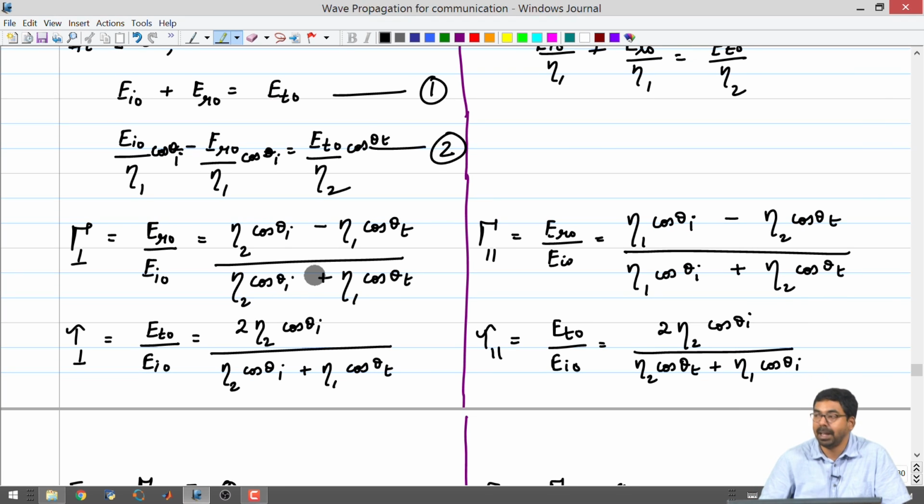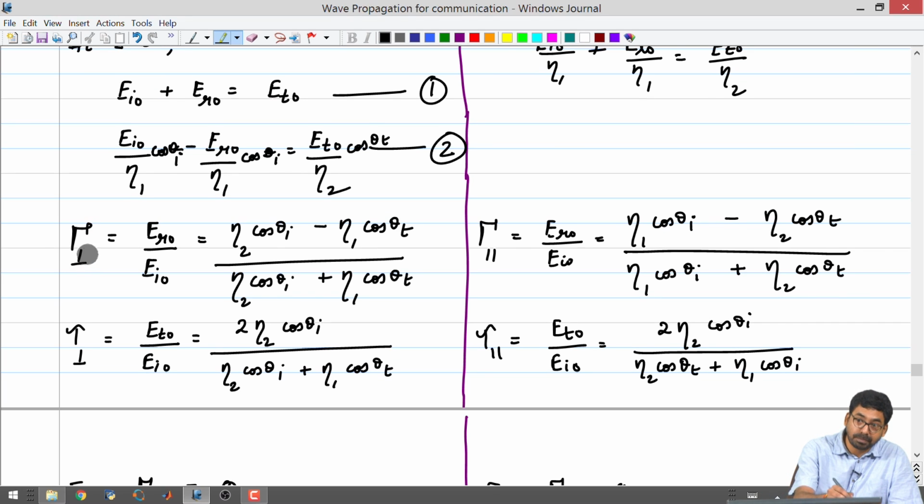So, cos theta I and cos theta t will both be equal to 1, and then you will end up getting eta 2 minus eta 1 by eta 2 plus eta 1. This is a sanity check to see whether our expression is holding good for normal incidence. For normal incidence, we already know that it should be eta 2 minus eta 1 by eta 2 plus eta 1. This is the case for gamma perpendicular.